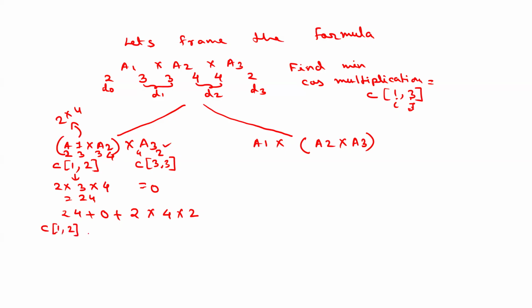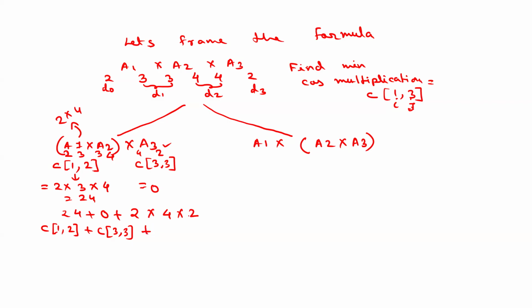C1, 2 plus C3, 3. The cost of C12 is 2 cross 3 cross 4, that is the multiplication of A1 cross A2, and A3 is multiplied with itself, so it is 0.